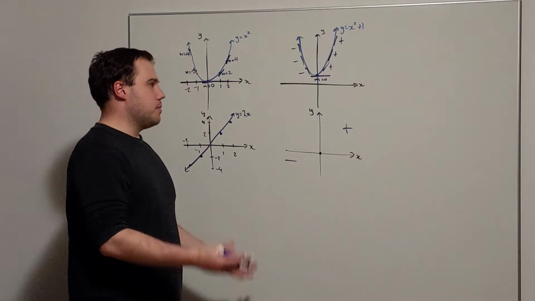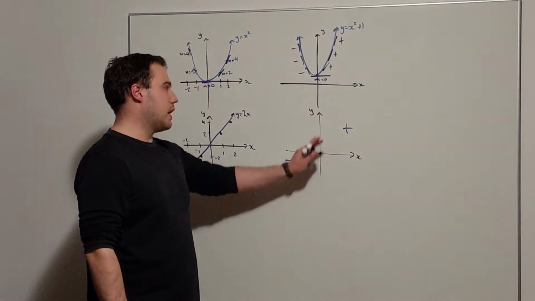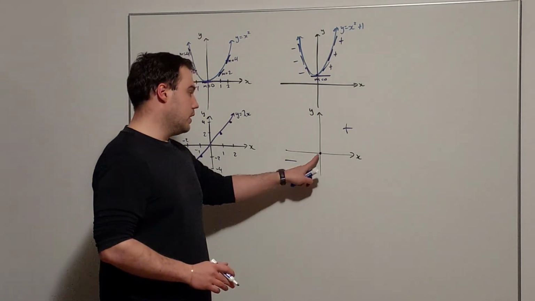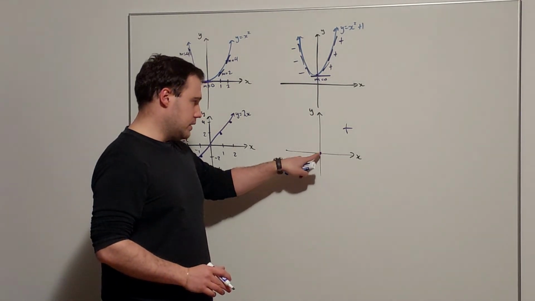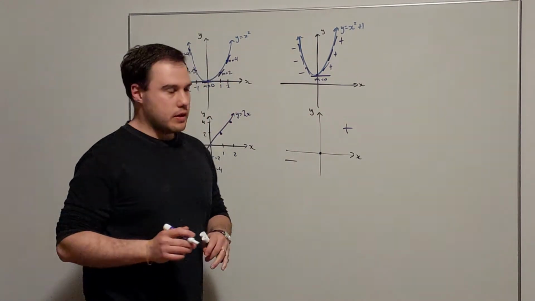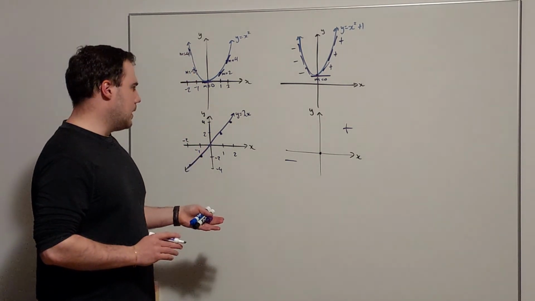Now, for reasons which maybe aren't perfectly clear yet, it will in fact be a linear function again. Okay, there's plenty of functions which could satisfy having an x-intercept here and positive and negative values, like maybe a cubic curve. But just like over here, it's going to be a linear curve.